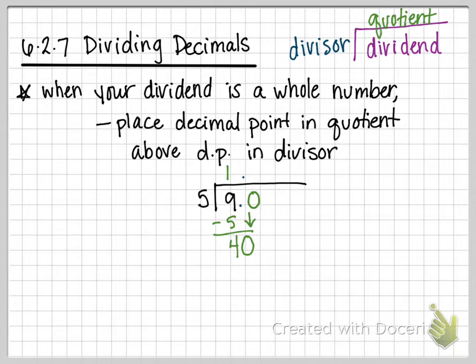David? 8. 8 times 5 is 40. Now I subtract. Am I done? Yes, once I get down to a 0 here and I don't have anything else to bring down, I'm done. So my answer is 1.8. 9 divided by 5 is 1.8.